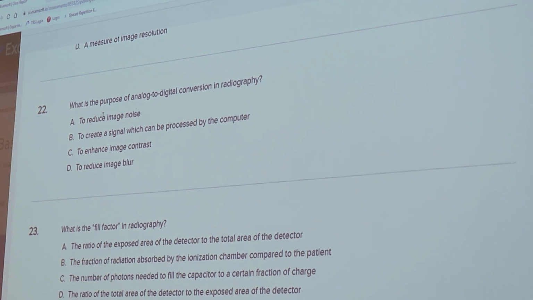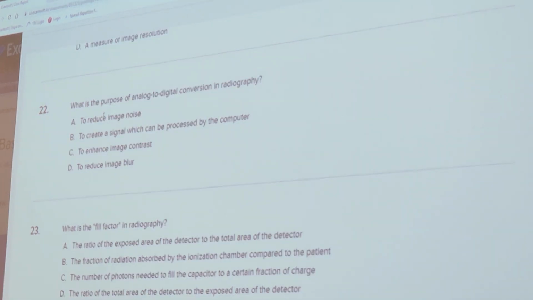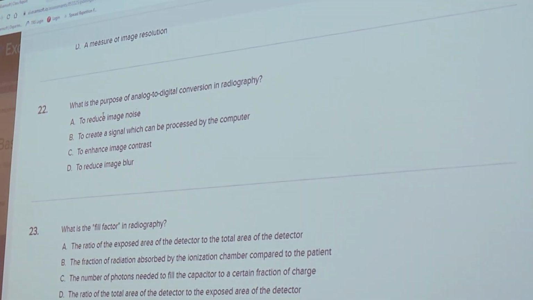You guys don't remember film, but they used to take X-rays on little papers. You had to hang it up. So instead of doing the whole process, they just convert it to code and digitize it to be able to read it off the screen. So the correct answer to this is B, to create a signal which can be processed by the computer. That makes sense for everybody? And what's the whole point of ADC?